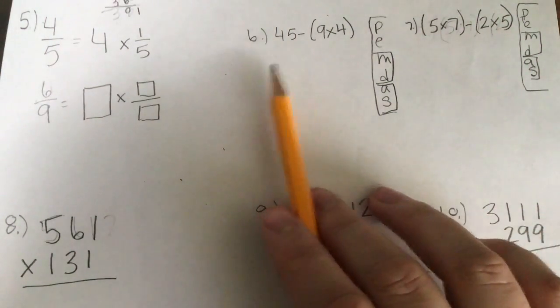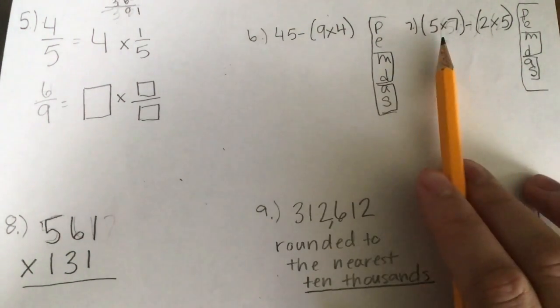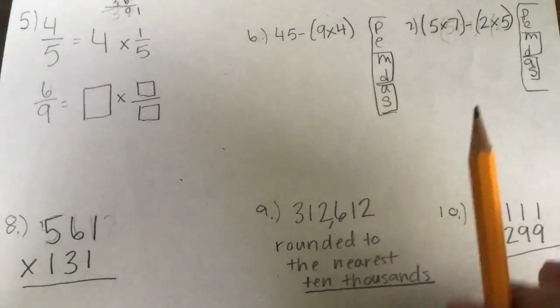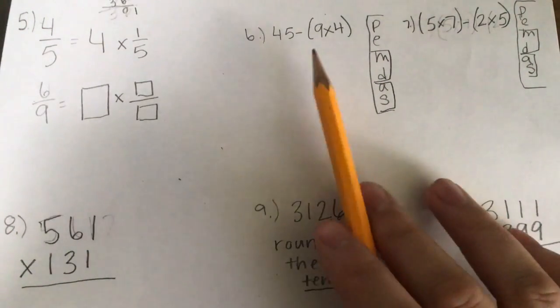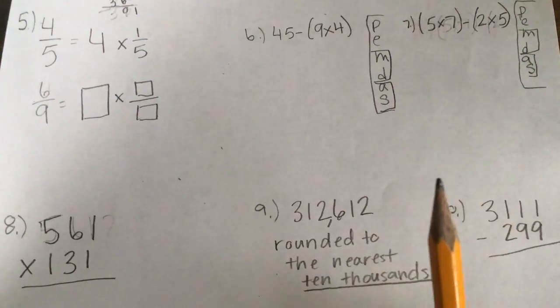Okay, so our PEMDAS for today, we have 45 minus 9 times 4 and 5 times 7 minus 2 times 5. Those are some challenging ones, and I'm going to keep adding some more PEMDAS, and maybe I'll start some exponents and stuff, because these are really fun.